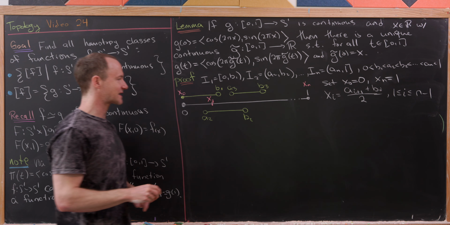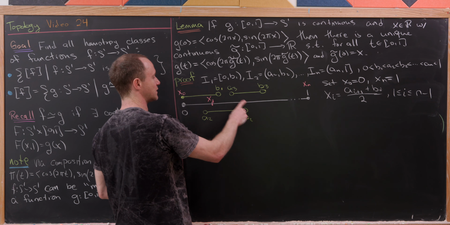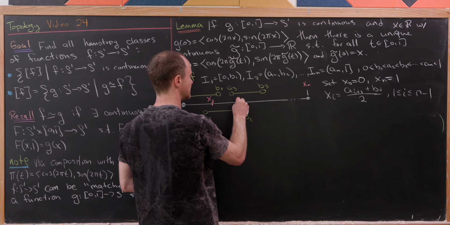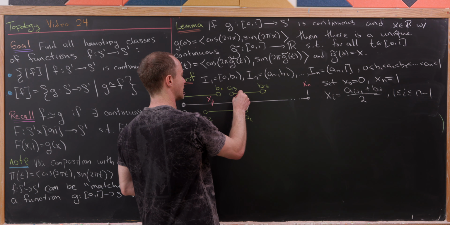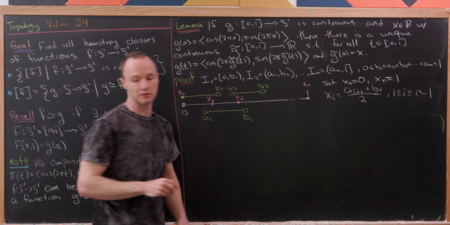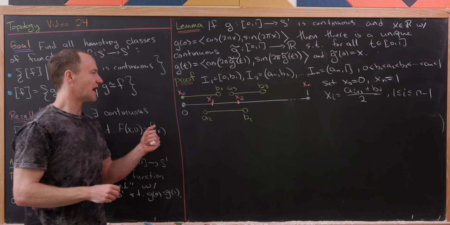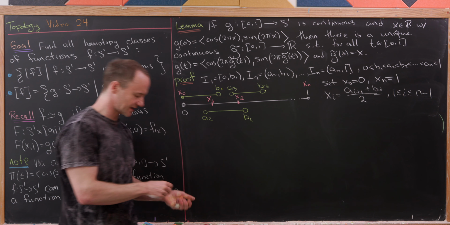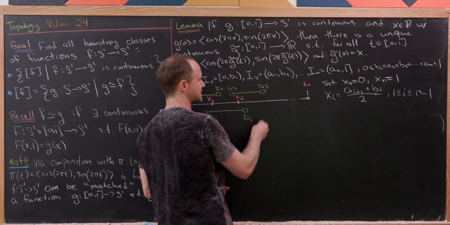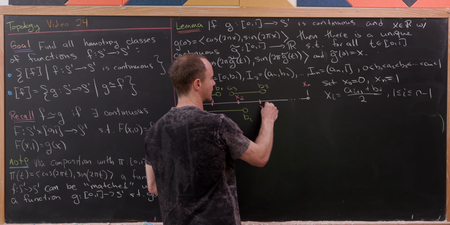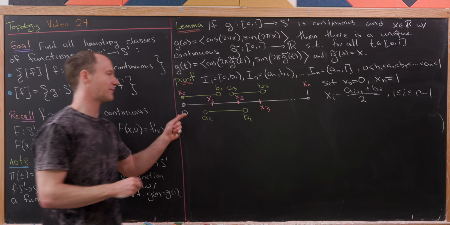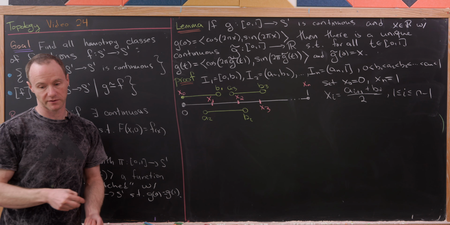And then my number x2 will be exactly between a3 and b2. So this perhaps right here would be my number x2. Okay, good. So now I've got this new sequence of numbers, x0, x1, x2. Observe that x3 will be somewhere over here, depending on the overlap, and then so on and so forth.